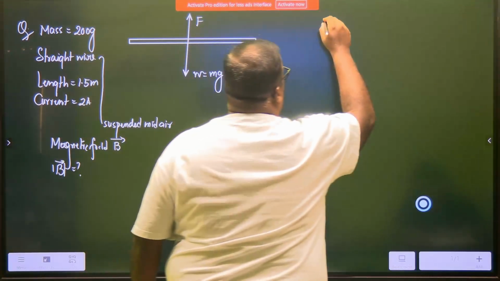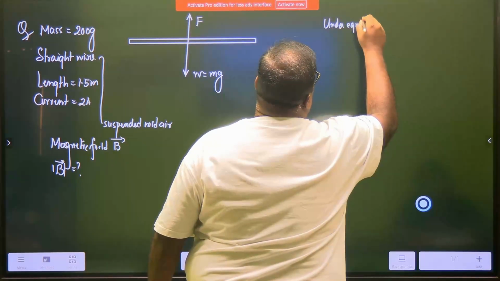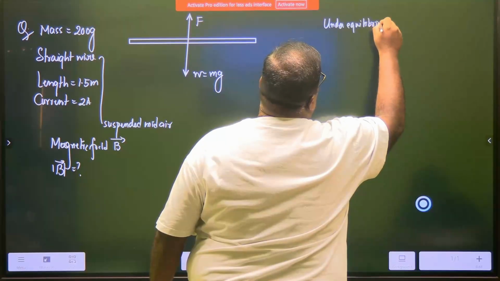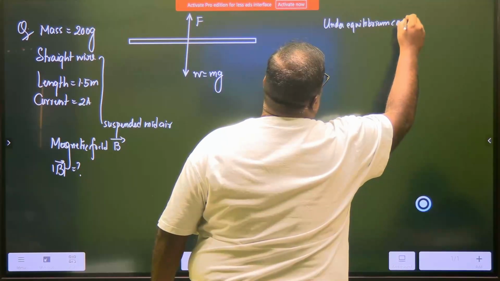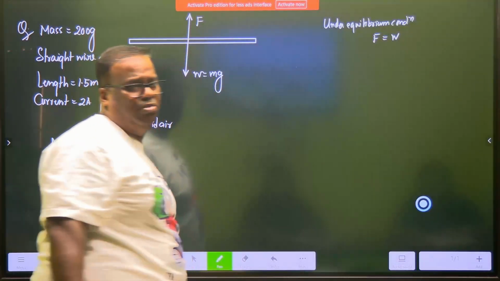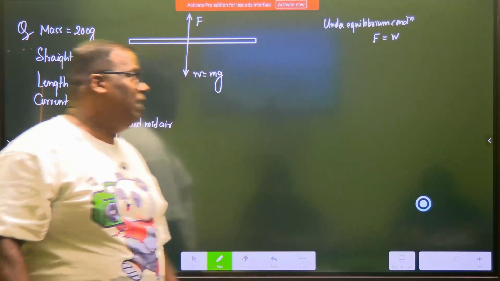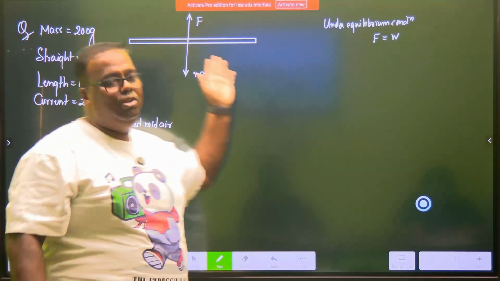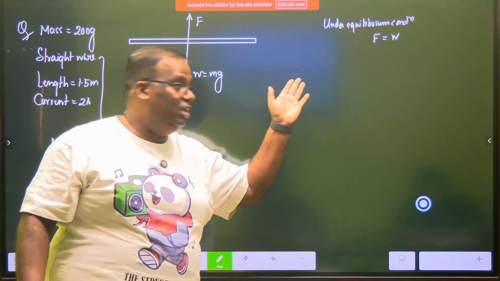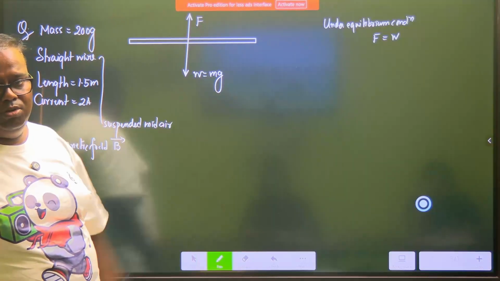And under equilibrium condition, when it is floating, this force must be balancing the weight. Otherwise, it can't float. As simple as that. We need to find out the value of this force, and then equate it with mg, and we should be able to find it, right?